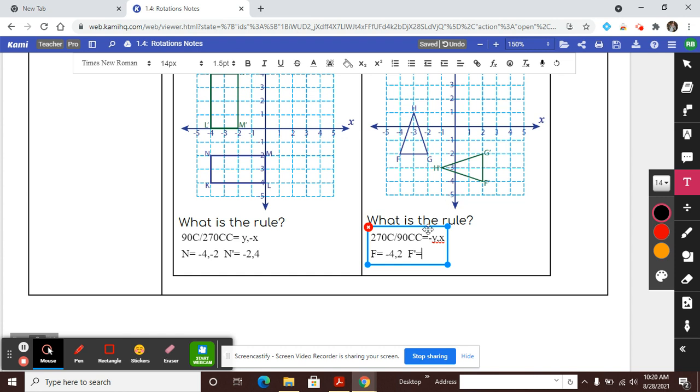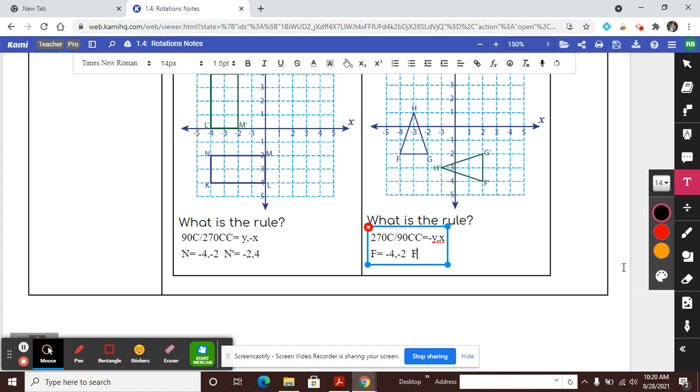So I'm going to switch the order. I've got 2, 4. I'm switching the signs. So really it's going to be, hold on, I messed something up. This should be -2.